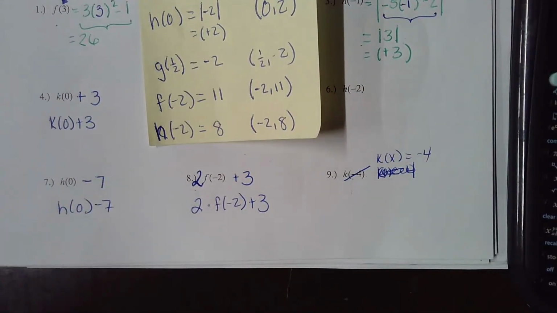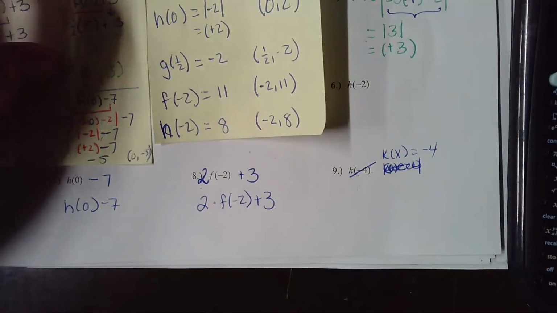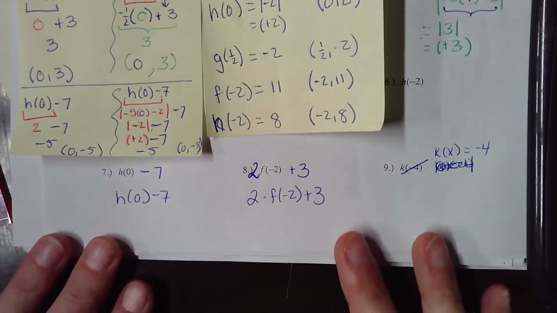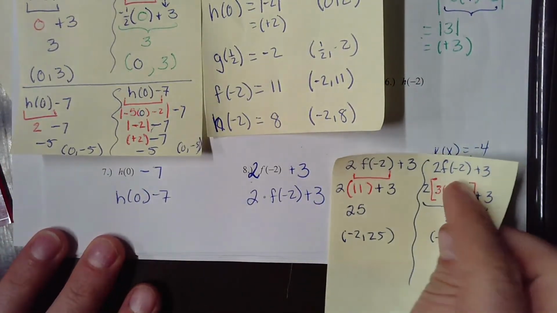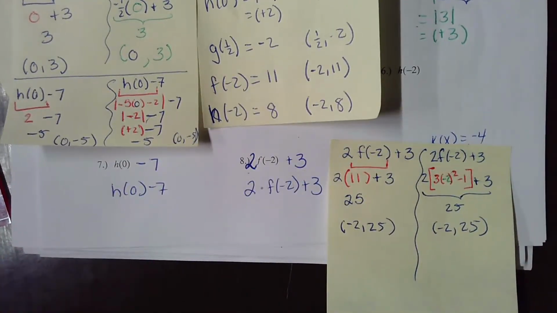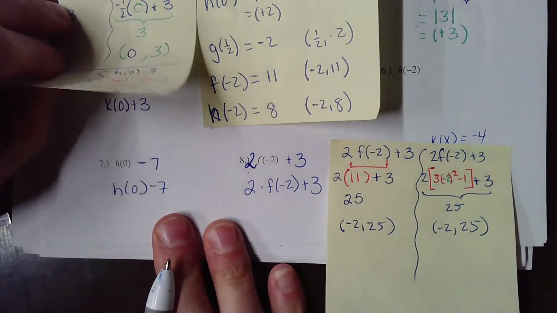That h at 0 has 2 ways that it could be solved. The 2 times f at negative 2 plus 3 has 2 ways it could be solved. How'd you do? These are some of the hardest problems you could do at this point.